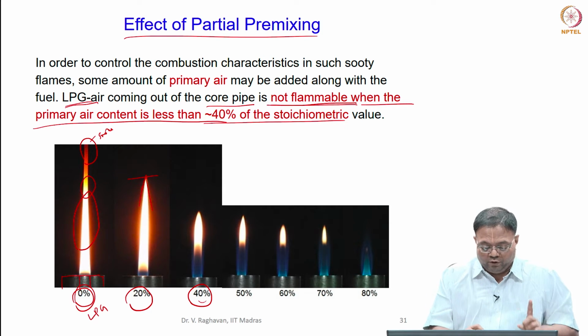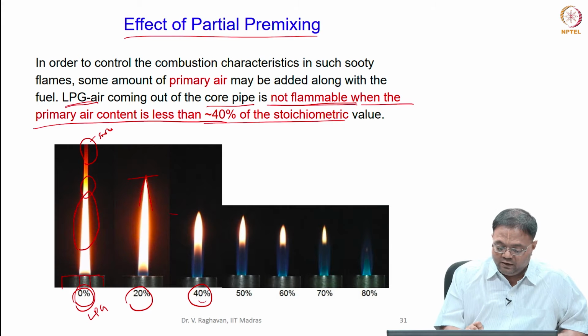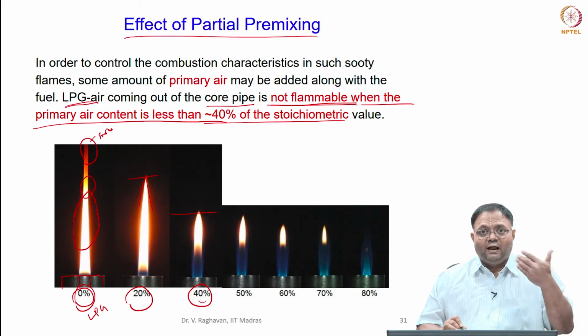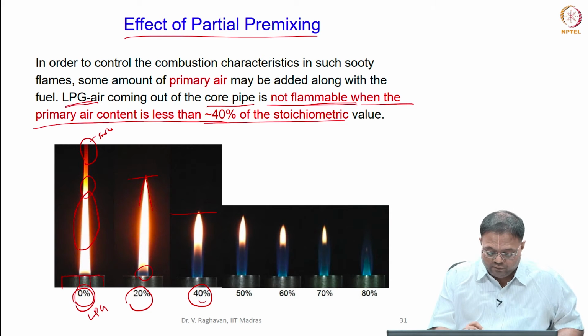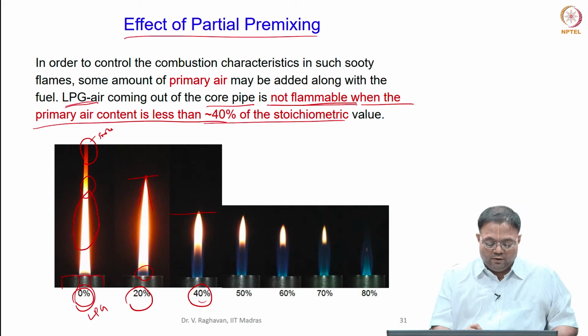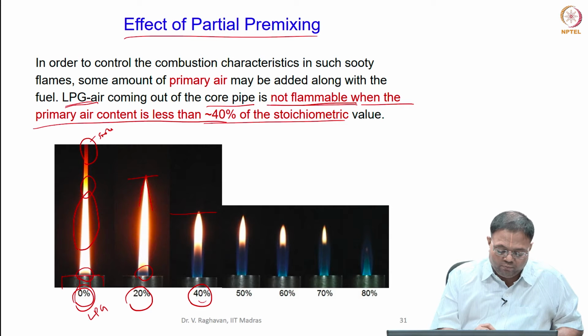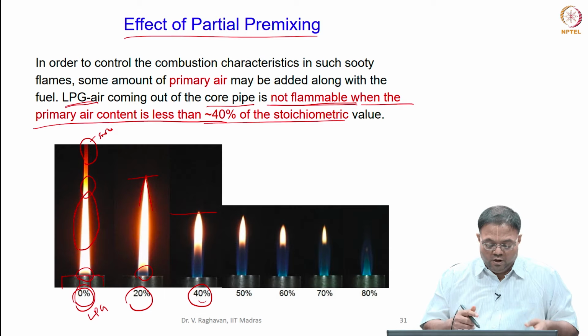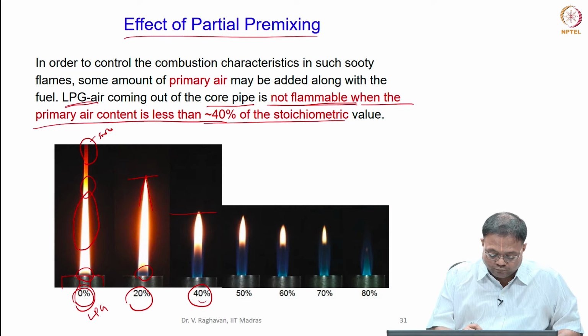So, you can see that from 20 to 40%, there is a tremendous decrease in the flame height. Second aspect is the blue region. The blue region here is very small, because only at the base some air is available for it to burn. Now, due to the primary air, the blue region has extended to some height like this.